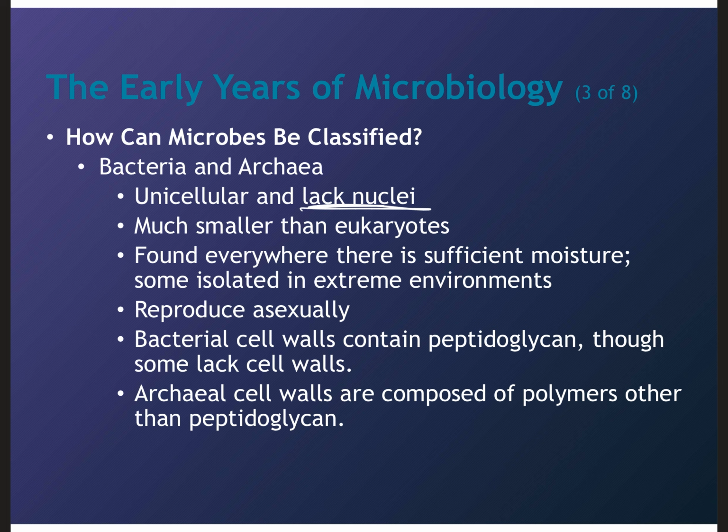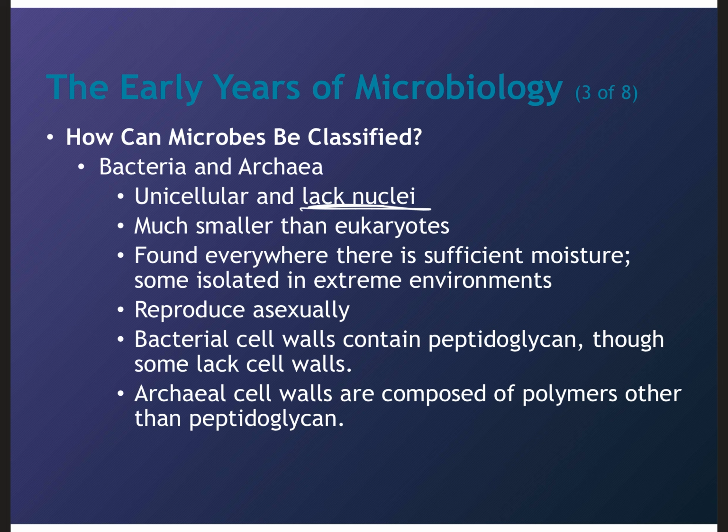Anyway, they reproduce asexually, so they divide, right? They don't have any type of vertical gene transfer from parent to child. However, their gene transfer does allow for horizontal gene transfer, which is from bacteria to bacteria. And that's a really interesting topic that we'll talk about later on in the semester.